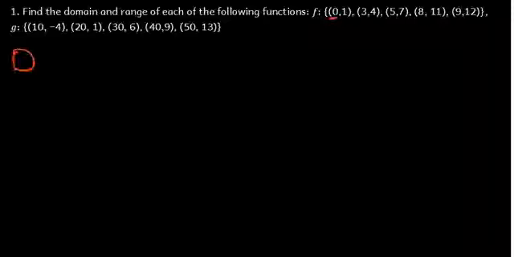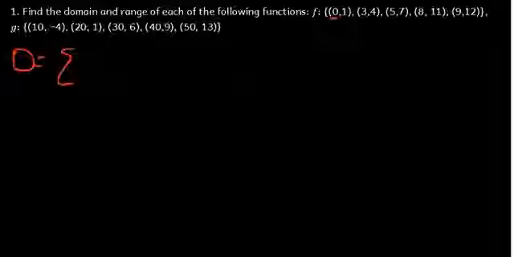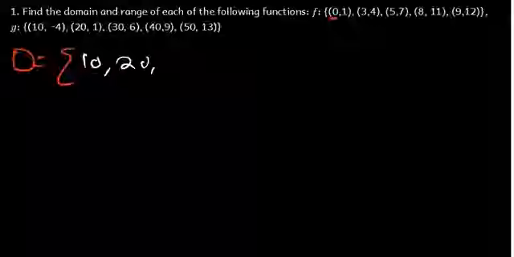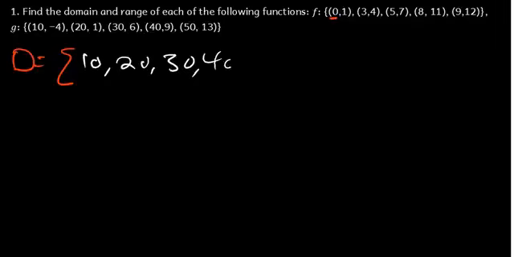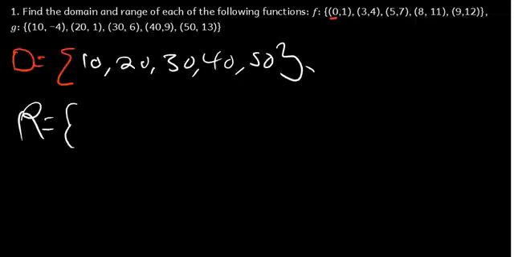So the domain in this case: we start with the lowest one, which is 10. We have 10, 20, 30, 40, and 50. That is our domain. Okay, what is our range in this case? The range is the values of y.